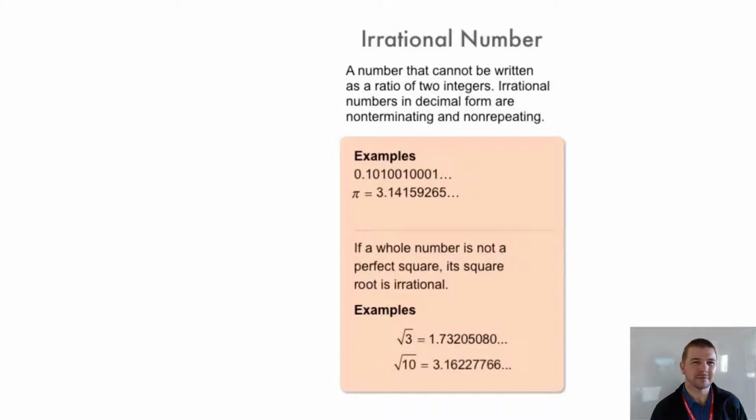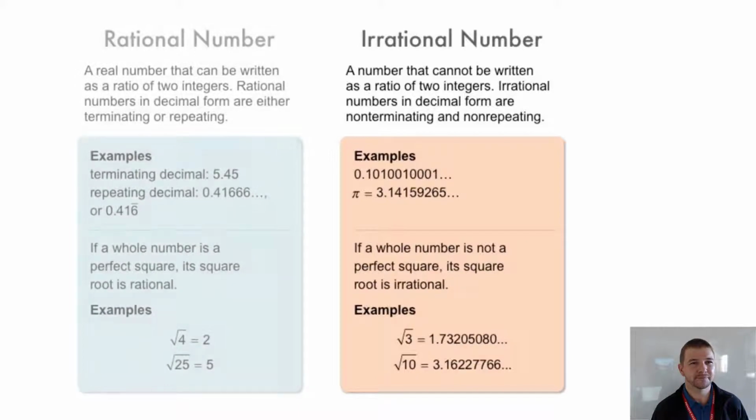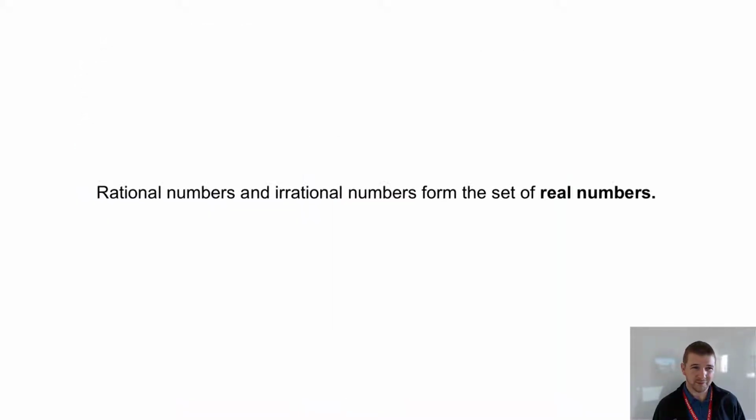Second, the square root of 10. 10 is also not a perfect square, and so its square root, seen here as 3.16227766 and so on, is irrational. Rational numbers and irrational numbers form the set of real numbers. So when we put these two sets together and combine all of their elements into one set, we call that set the real numbers.